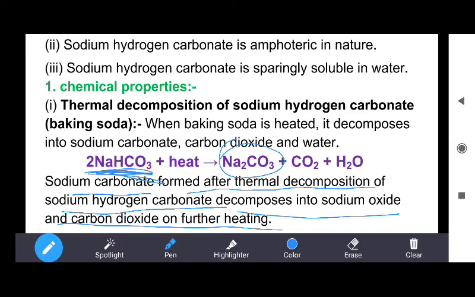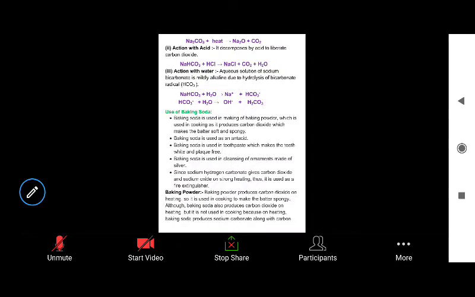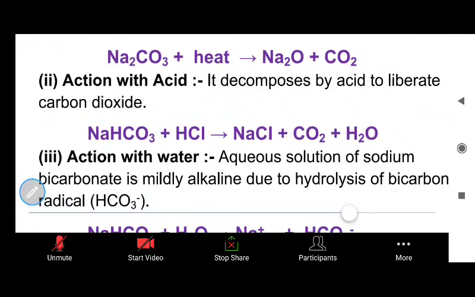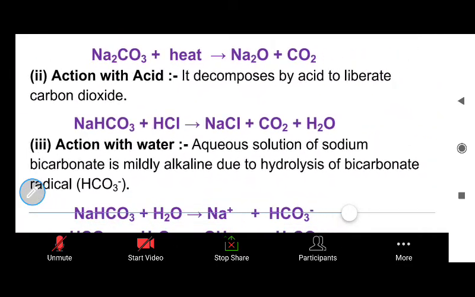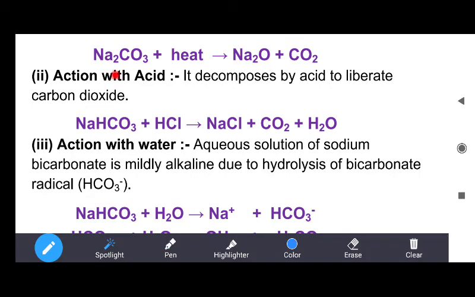If we heat the remaining substance again, then this sodium carbonate again decomposes into sodium oxide, Na2O, and carbon dioxide, CO2, as you can see. So sodium carbonate on further heating dissociates into sodium oxide and carbon dioxide.